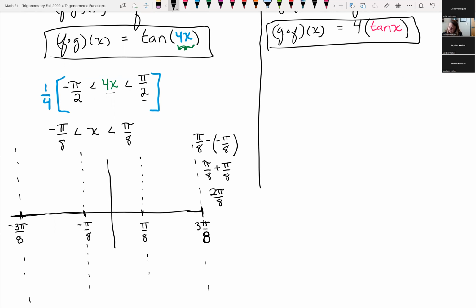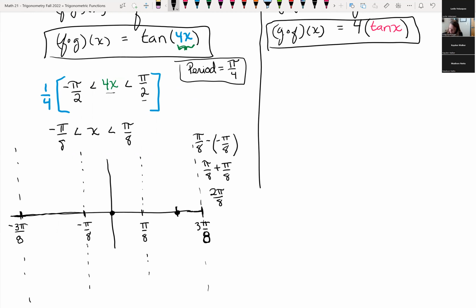Okay, so if it wanted our period, we know our period is 2 pi eighths, which we can reduce. It was easier to keep it with that common denominator when we were adding and subtracting. But our period is pi fourths. And so for tangent, we're going to look at the halfway point between our vertical asymptotes. That's where it's going to be crossing the x-axis.